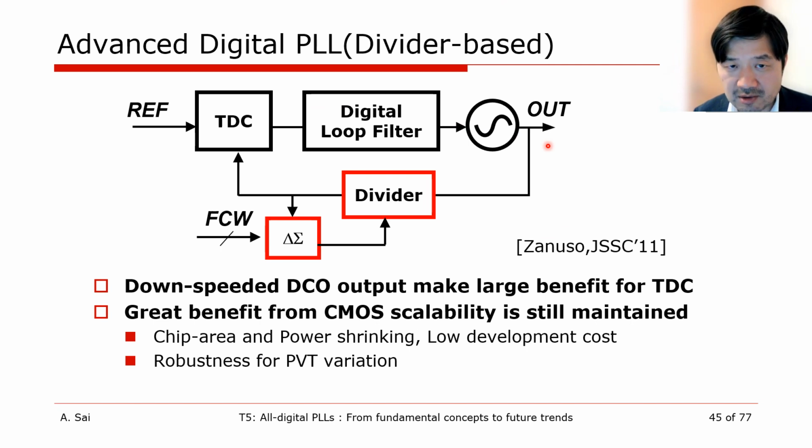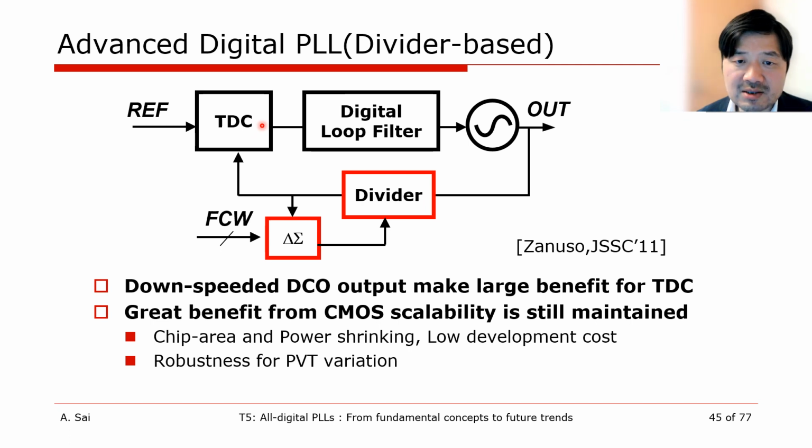This greatly contributes to improving the performance of the TDC. By lowering the clock rate of the DCO output to the same level as the reference signal, the power consumption of the high-resolution TDC, such as the time amplifier or Vernier delay line mentioned earlier, can be reduced.